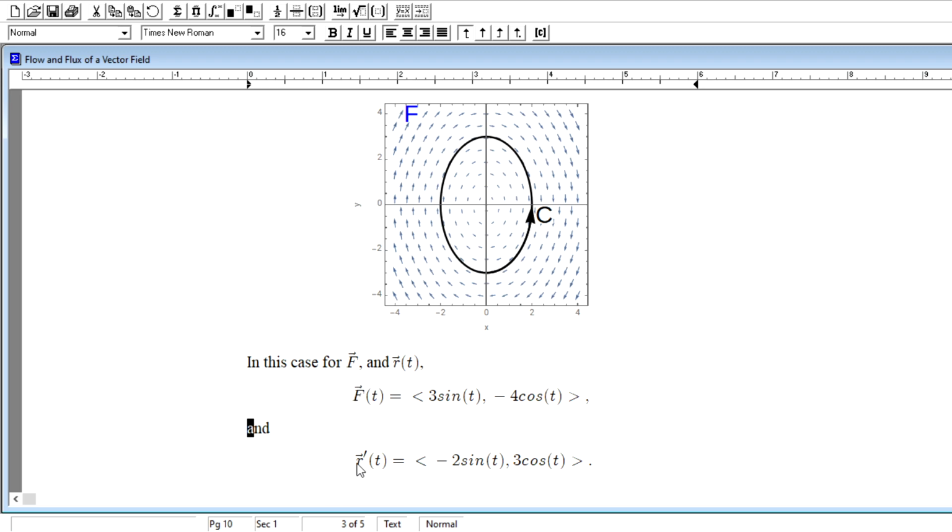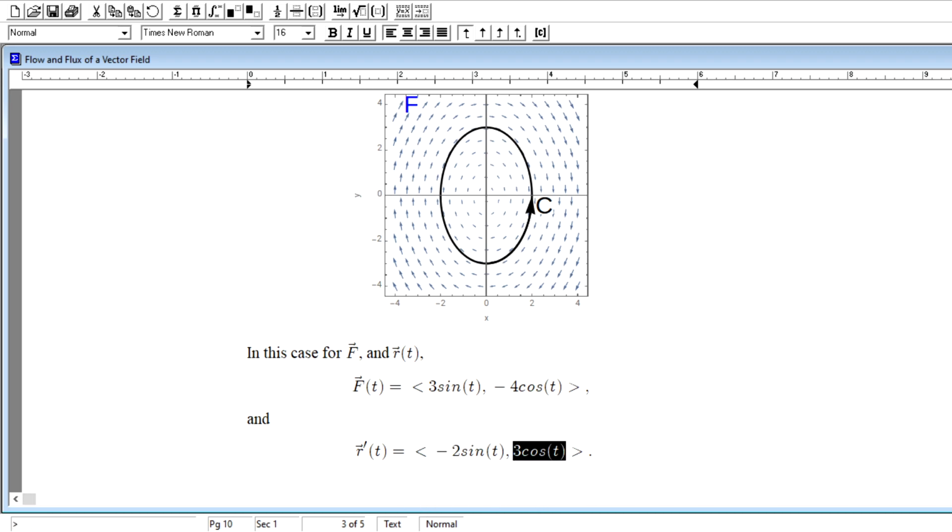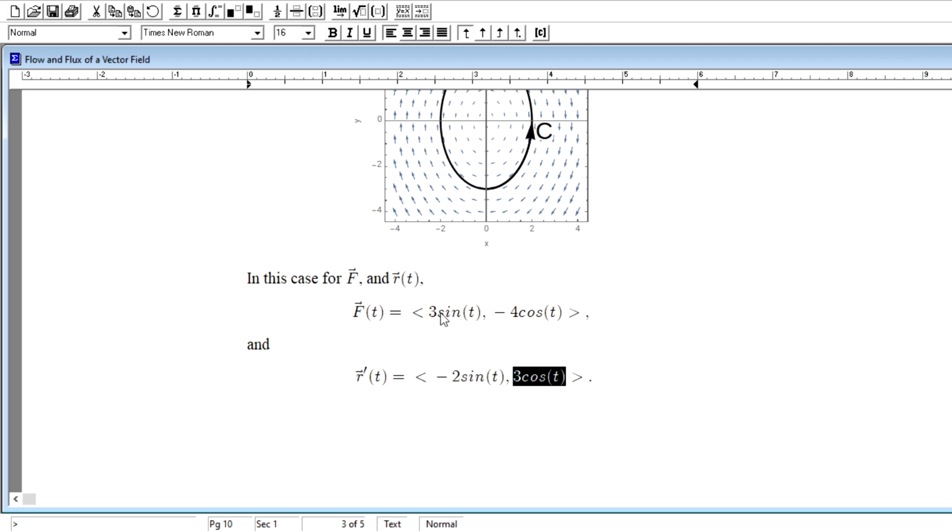And the first derivative r bar prime of t is that negative 2 sine t, 3 cosine t. Where if I now take this quantity times this quantity, I get 9 sine t cosine t, and subtract from it this quantity times this quantity, I would be subtracting positive 8 sine t cosine t.